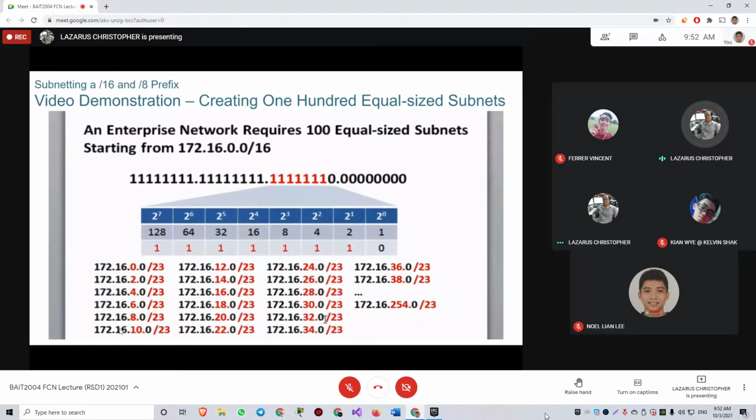We can see that if I list out the networks, they continue to go up by 2. If we go all the way up, I'll skip a few here. The last subnet will be 172.16.254.0/23. If I was to list out all of the subnets, I would have 128 subnets. For hosts in each subnet, we have 9 zeros in our subnet mask, and 2 to the 9th power is 512.